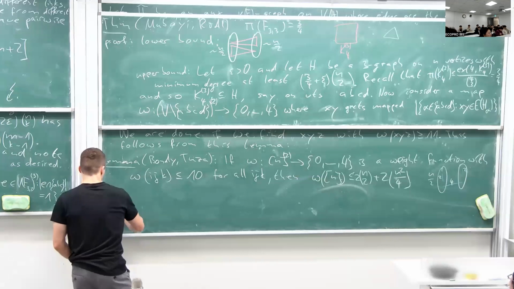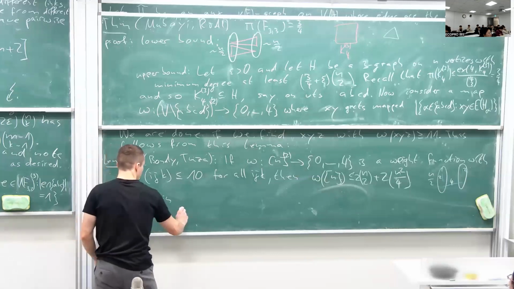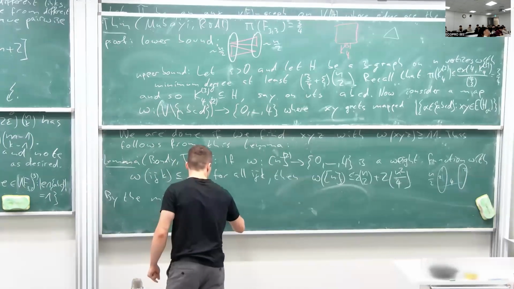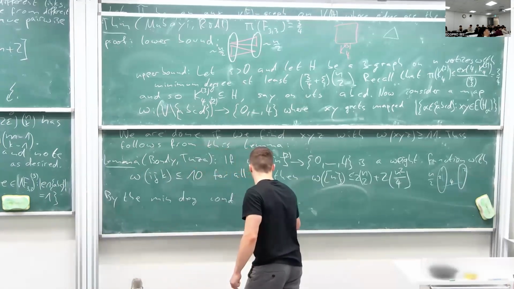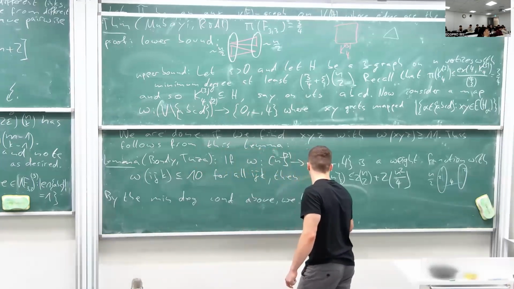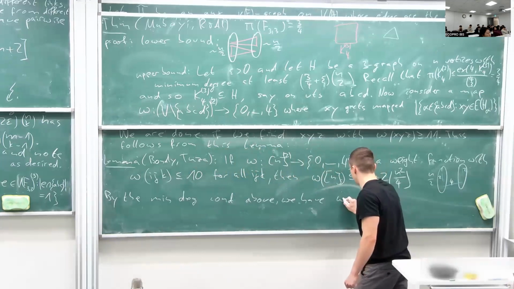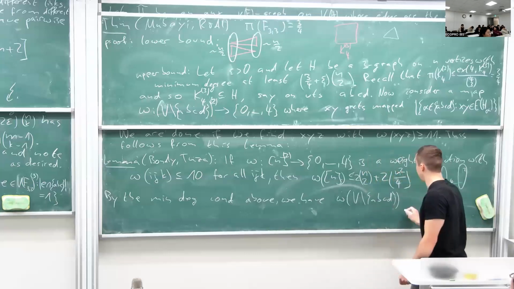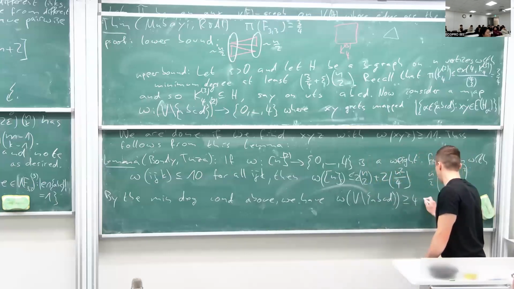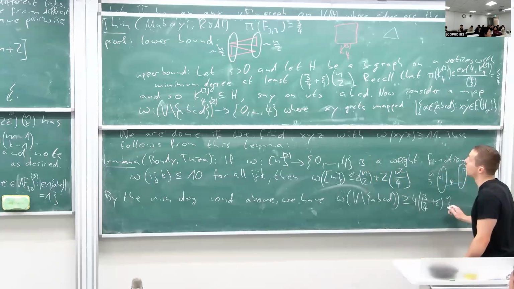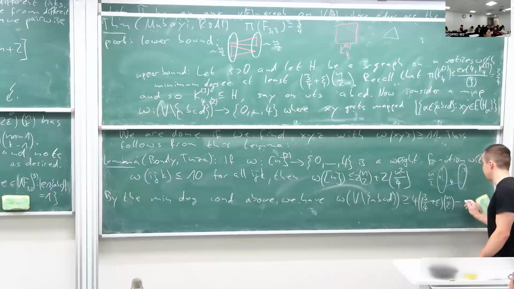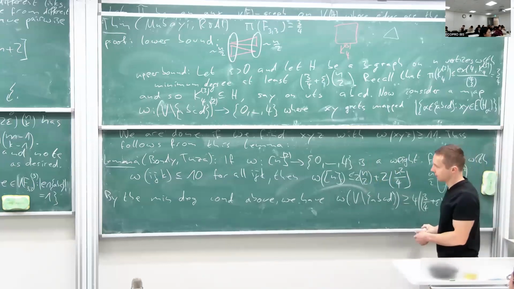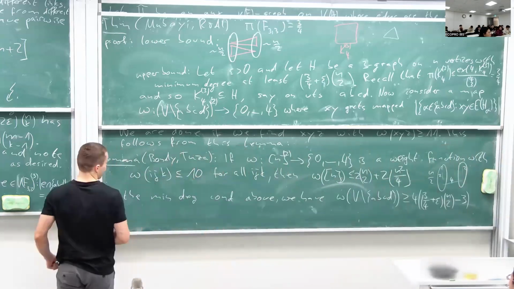So by the min degree condition above we have that the total weight on the vertices A, B, C, D is at least 4 times (3/4 plus epsilon) n choose 2 minus, again, each of the vertices sees 3 edges in the K4. And so it follows with this lemma.